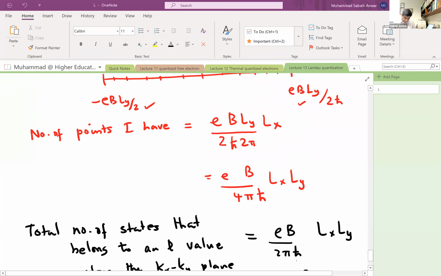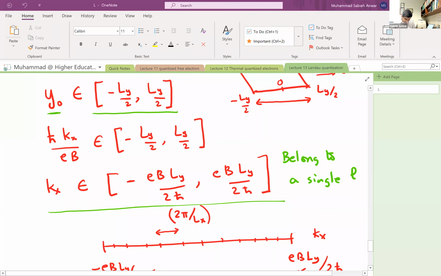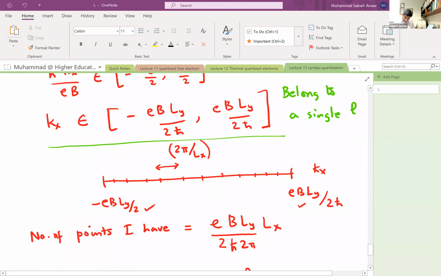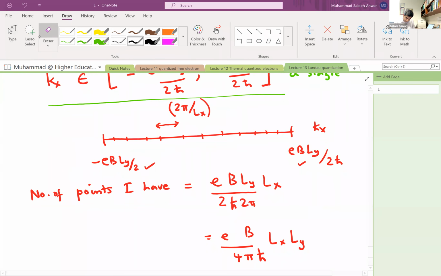All right, so my h bar kx is this thing. My separation is eBLy over h bar.